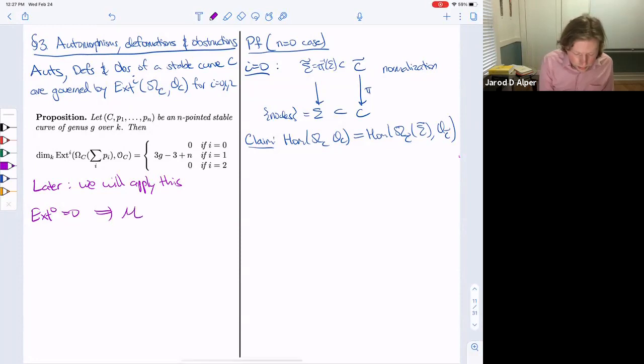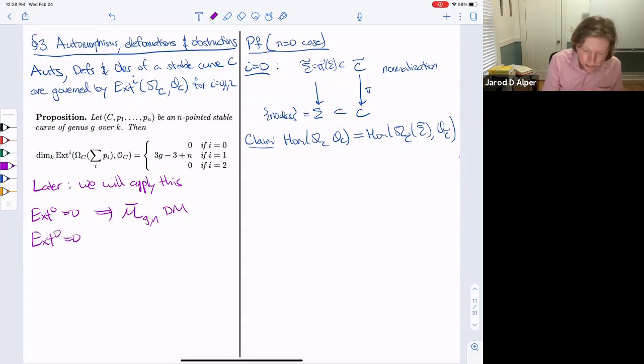And that was the condition that's going to allow us to conclude that M_{g,n} bar is a Deligne-Mumford stack. And Ext^2 being 0 tells us that there are no obstructions to deforming. I'll spell this out more precisely when we actually apply this. This implies via the formal lifting criterion for smoothness that M_{g,n} bar is smooth.